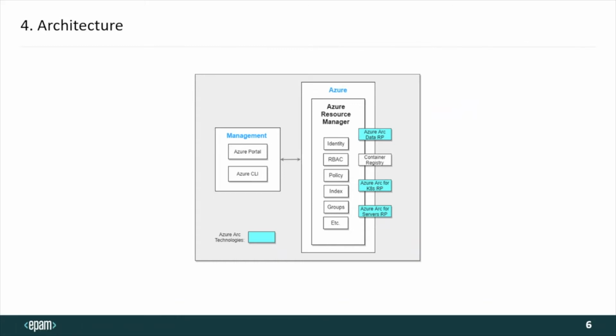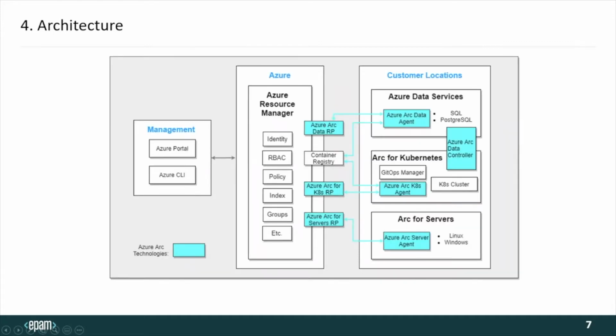I want to show you this diagram. Light blue squares represent Azure Arc technologies, and the right side column represents Azure Cloud. Connected resources will be able to make use of Azure Resource Manager features, all of these features. Now, by using the Arc resource providers, customer resources will connect to Azure Cloud, as we can see.